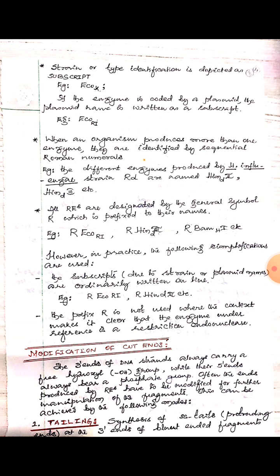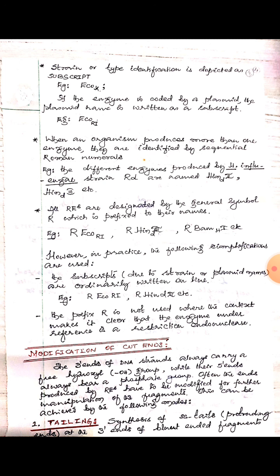If the enzyme is coded by a plasmid, the plasmid name is written as a subscript. So ECO R1, right? This is the third rule: strain or type identification is depicted as subscript, and if the enzyme is extracted from a plasmid present in the bacterial cell, its name is written as subscript.